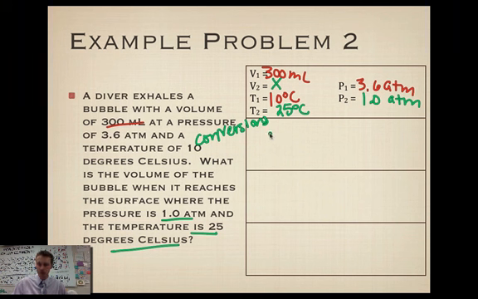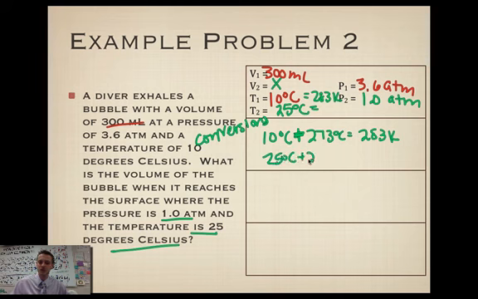My temperature 10 degrees Celsius plus 273 is going to be 283 Kelvin. And 25 degrees Celsius plus 273 is going to be 298 Kelvin.